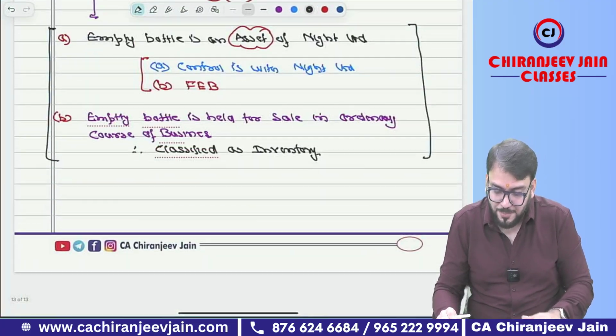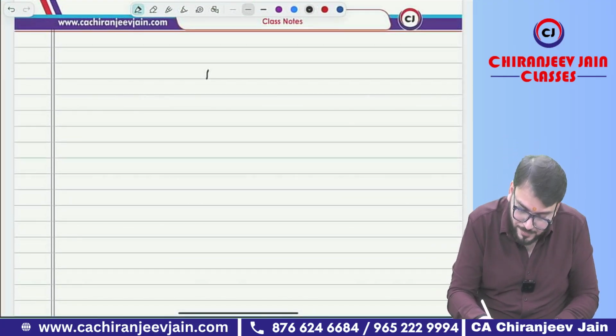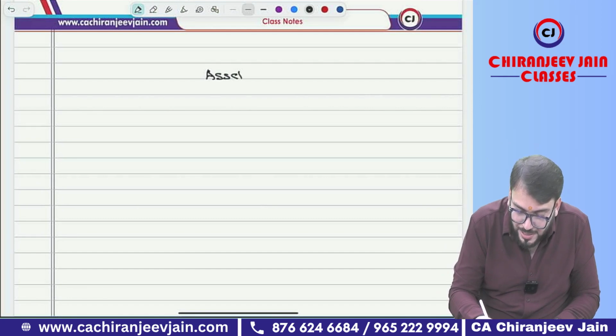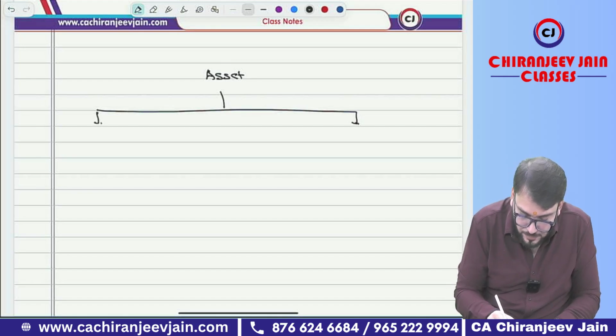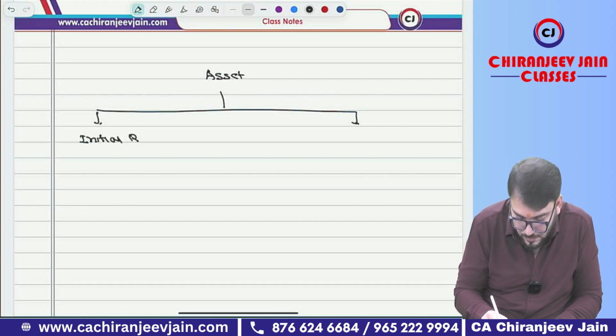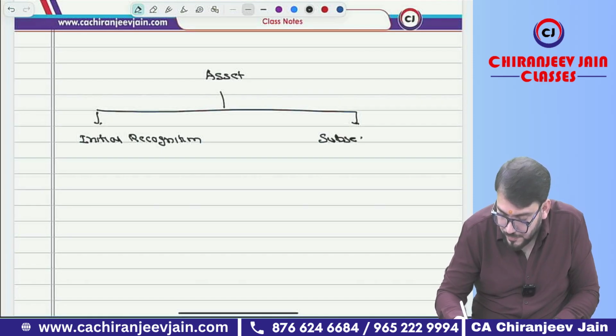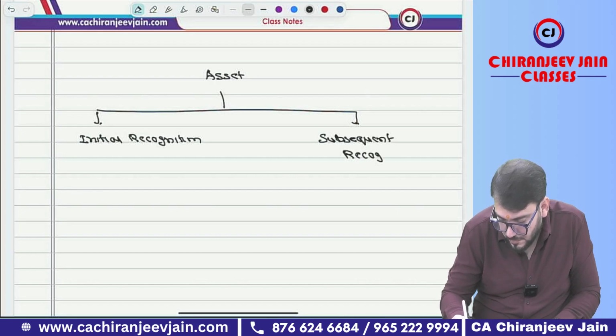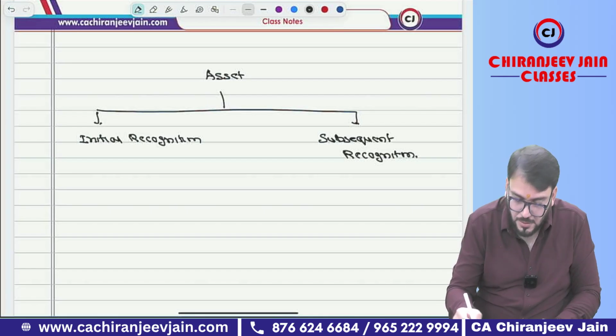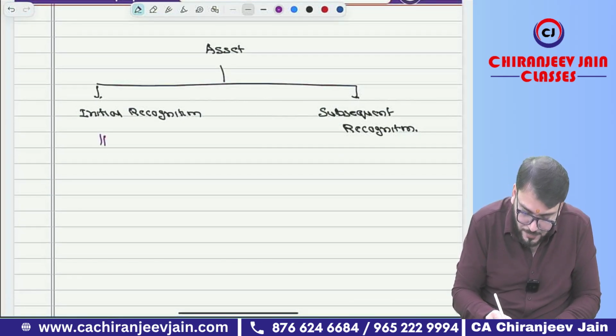Normally, whenever we acquire any asset, we do initial recognition, then we do subsequent recognition. Initial recognition means on the date of acquisition.